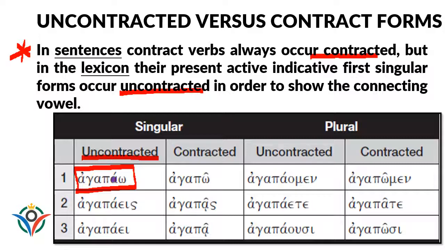And so if we had to parse this entire paradigm, you will see that in each instance the connecting vowel is given, and so we can, based on the rules that we've learned, work out what the contracted form would be. All right, so the tricky thing is that in the Bible, these are the forms that we will find.